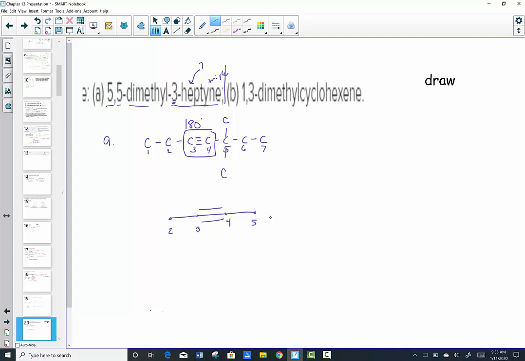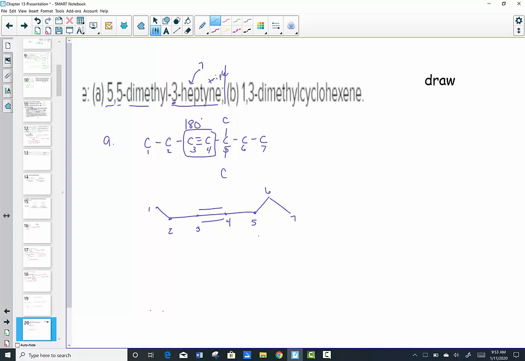And then coming off of carbon 2, we have a branch. Now I can go up or down. It doesn't matter. It's going to branch up. There's carbon 1. And then coming out of carbon 5 to carbon 6 and 7, we have to zigzag. Again, it doesn't matter if I go up or down. I'll just go up and then down. So here's carbon 6 and 7.